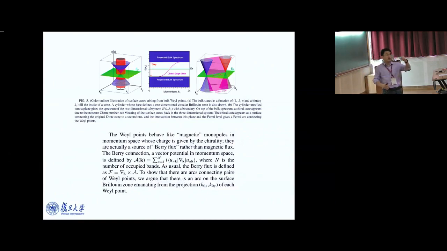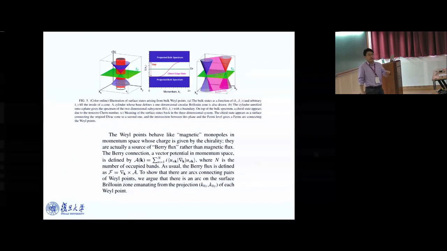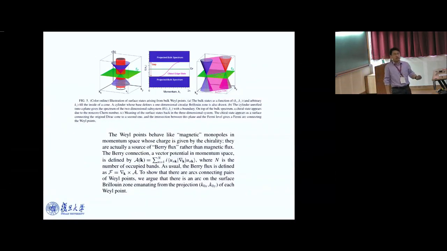For the remaining 2 momenta and energy, it's an effective two-dimensional system. Because this cylinder does not cross the band touching point, this effective two-dimensional system is a gapped system. For any gapped two-dimensional system, you can define a Chern number. You can define a Chern number for this effective two-dimensional system.